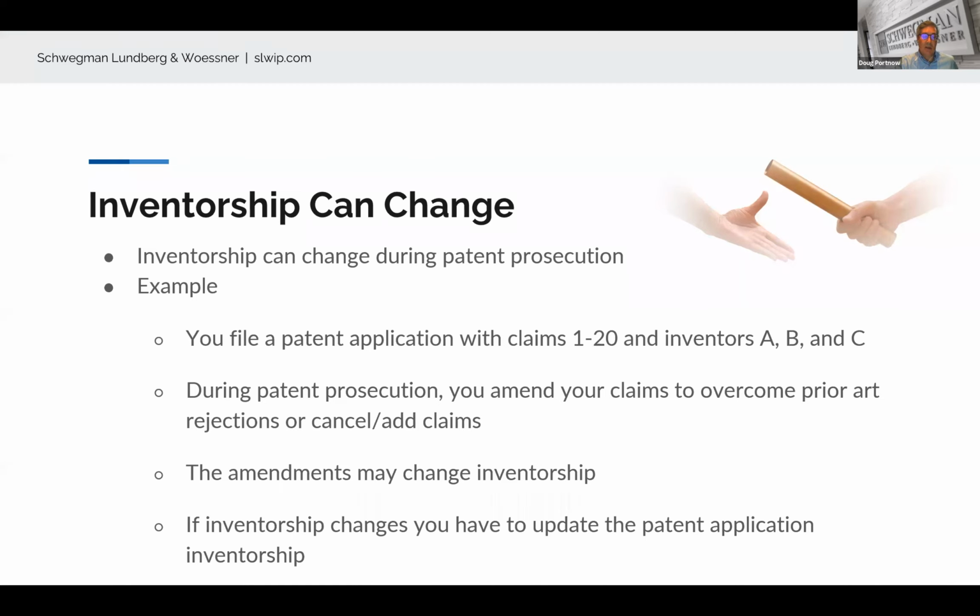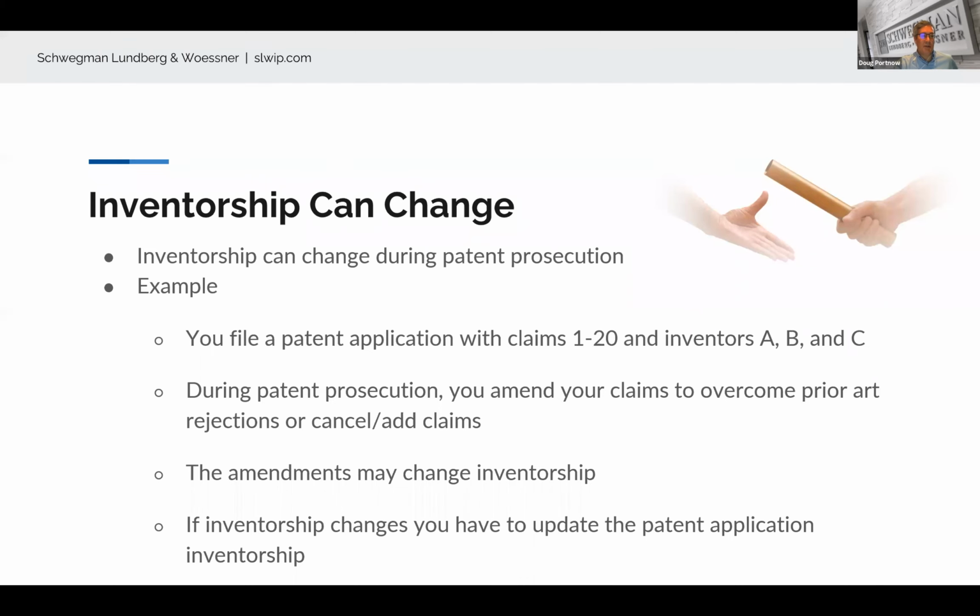Because inventorship in the US is determined based on the claim language, inventorship may change based on those amendments. So as inventorship changes, you may have to amend the inventorship on the patent application.